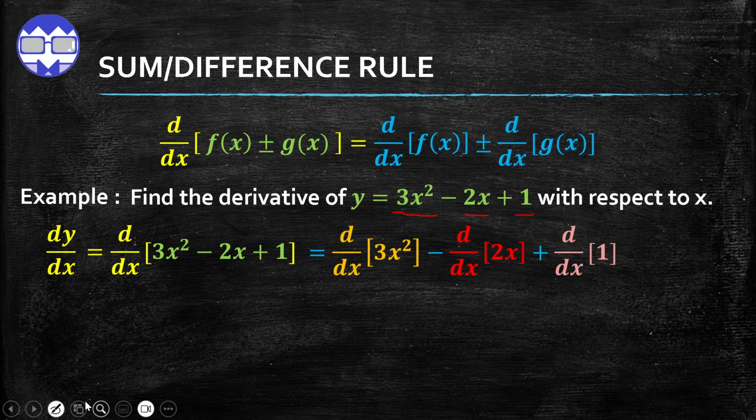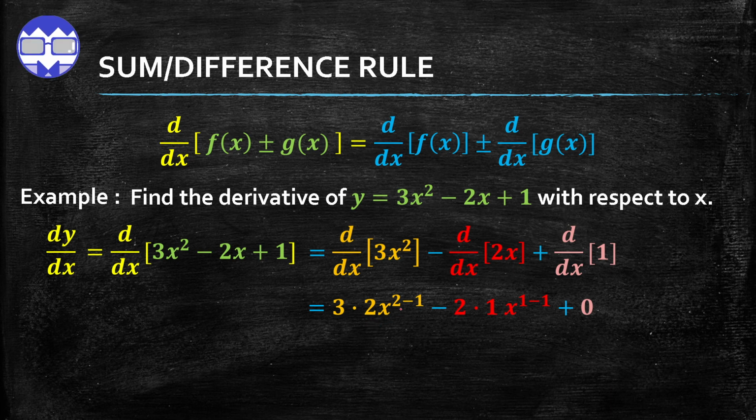That's the simplest explanation for this rule. So the derivative of 3x squared, take note we have 2 times 3. So we just multiply the exponent to the coefficient here, then minus 1 in the exponent. So we'll have here 3 times 2x to the power of 2 minus 1. Then of course, we have 2x here. Take note, the exponent of x is 1. So that's why we have here 2 times 1.